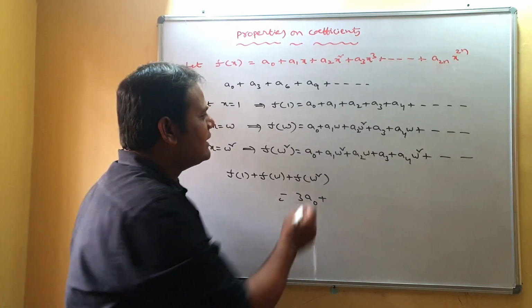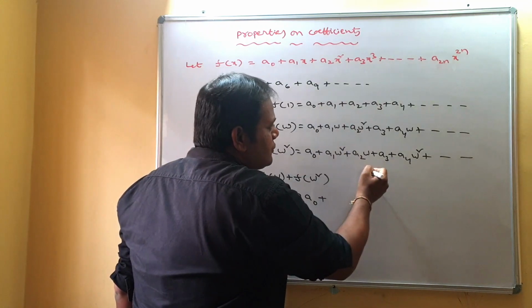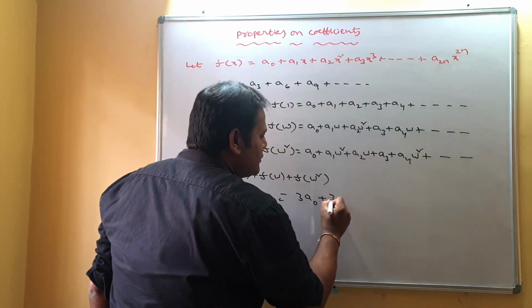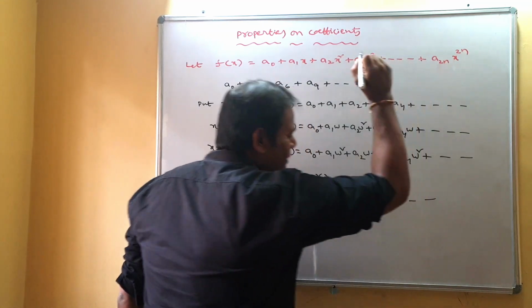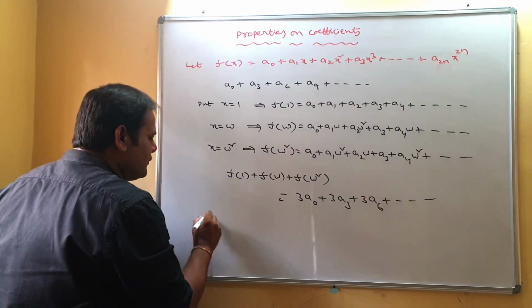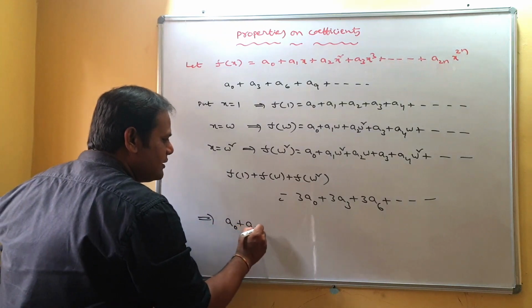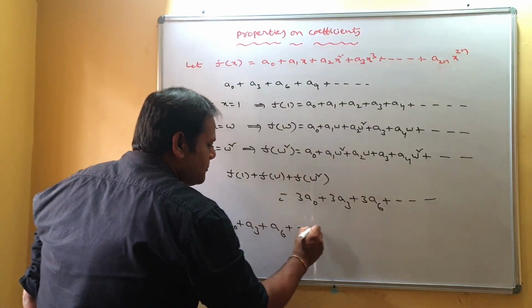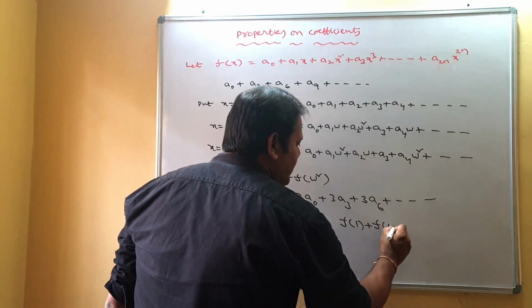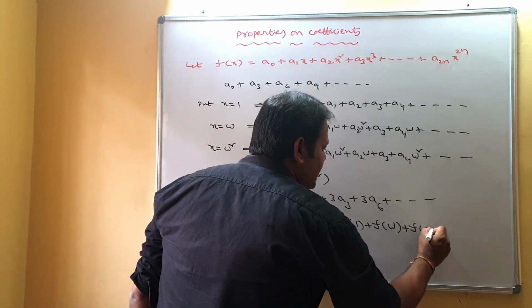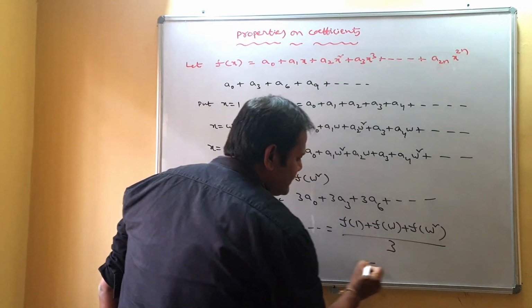That is 0. And this is 0. a3, a3, a3 is 3a3. The next term, can you guess? Yes, 3a6 plus so on. So what we want? We want a0 plus a3 plus a6 plus so on equal to f of 1 plus f of omega plus f of omega square whole by 3.